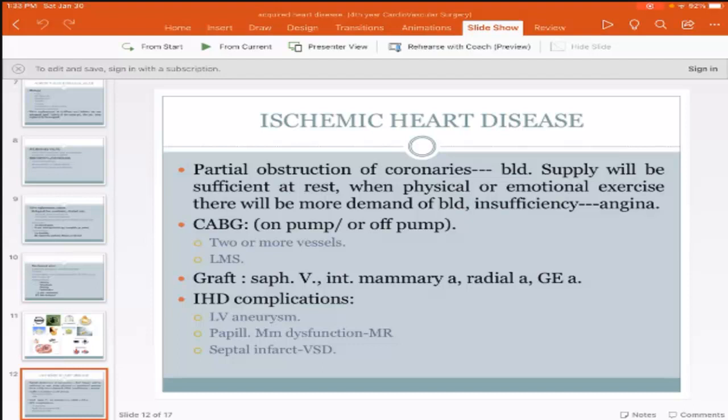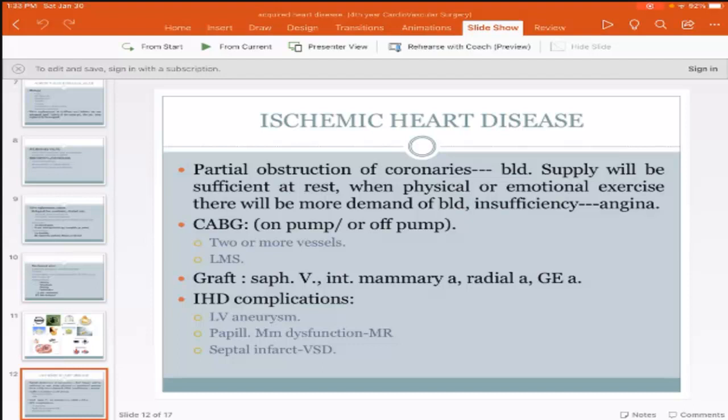More seriously, thrombi of this tumor can lead to acute limb ischemia due to embolism of this cardiac tumor.